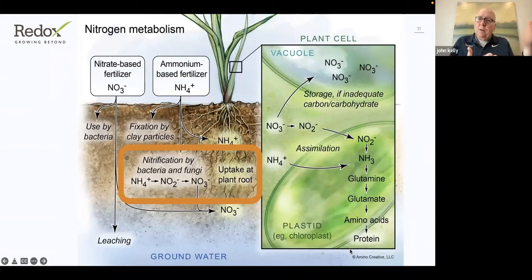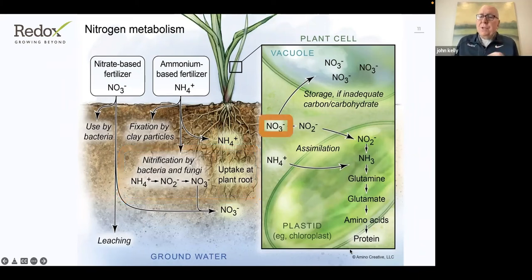So there are environmental issues, volatilization in the air and nitrogen leaching in the soil, aside from the very important economic effects of not getting nitrogen into the crop where it can benefit from a yield standpoint.